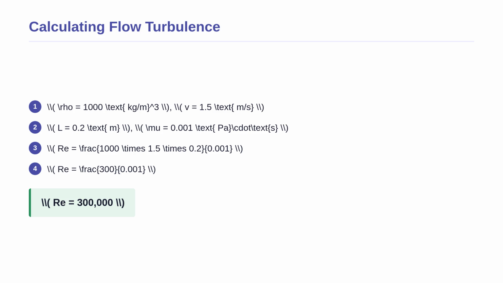The numerator, representing the inertial forces, multiplies to 300. We then divide this by the very small viscosity value in the denominator. This gives us a massive Reynolds number of 300,000. Since a value greater than 2,000 indicates turbulence, this stream is extremely chaotic. This guarantees the water is fully saturated with dissolved oxygen, ideal for hill stream fishes.